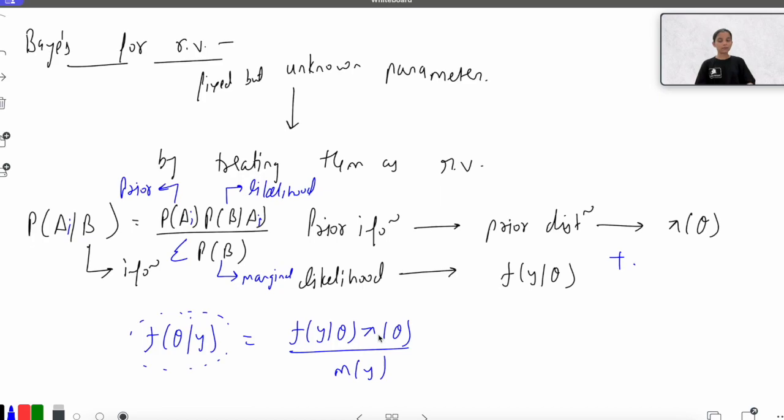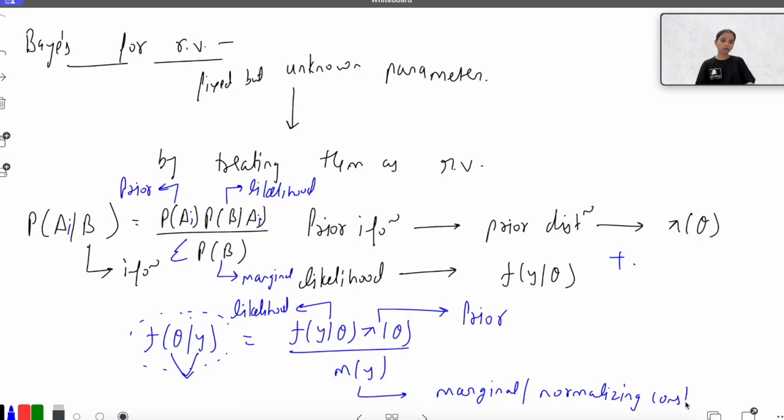So basically we are treating the parameter theta and y, the data and the parameter, both as random variables. Then we are framing this Bayes theorem, where pi of theta is basically the prior information, f of y given theta is my likelihood, and m of y is the marginal or a normalizing constant.